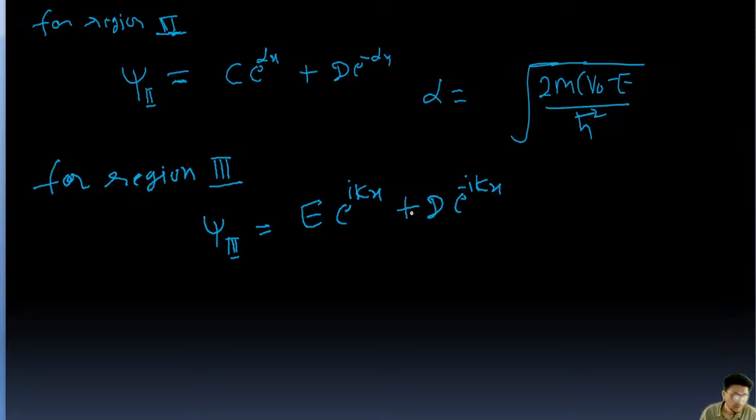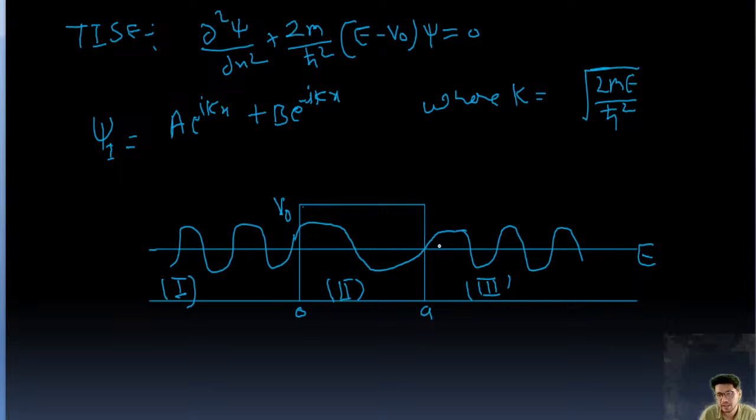Here you can see that after penetrating, when the wave is in the third region, the wavelength or wave vector of this wave will be the same, because there is no potential barrier.